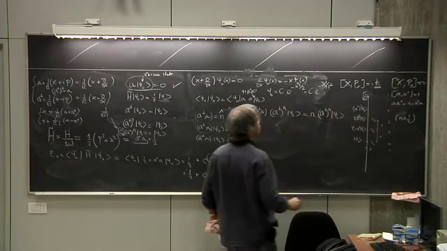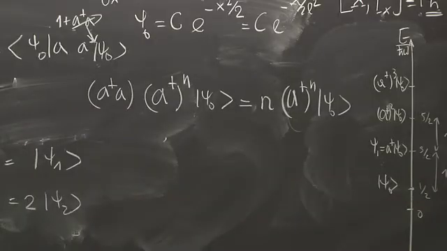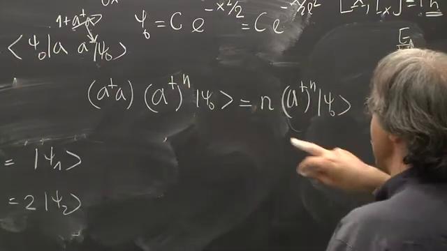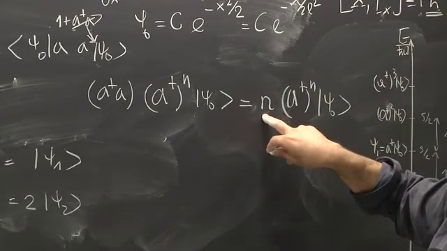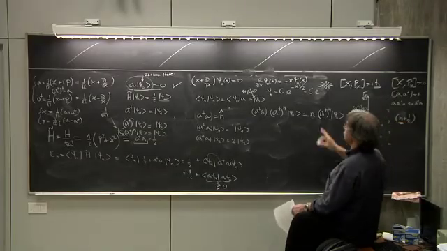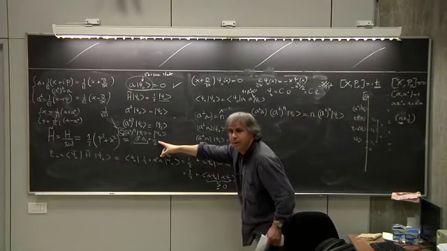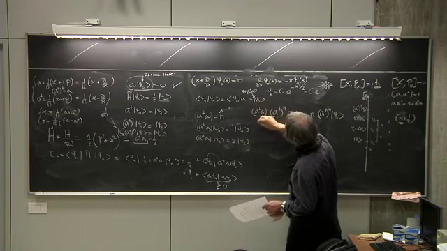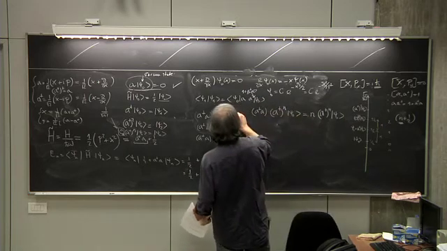You can prove this quite easily. It is, in fact, at the basis of showing that the Hamiltonian has eigenvalue n plus 1/2. The n is exactly what gives you this piece of the energy, because the other is the 1/2, this one. So this operator is called the number operator.